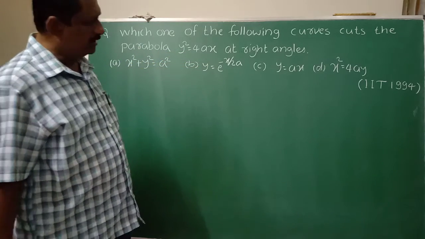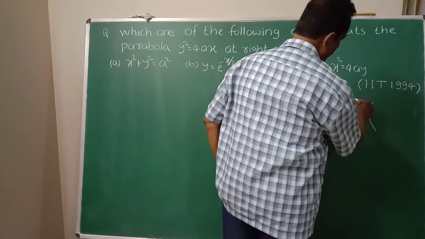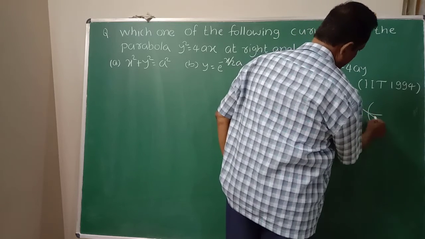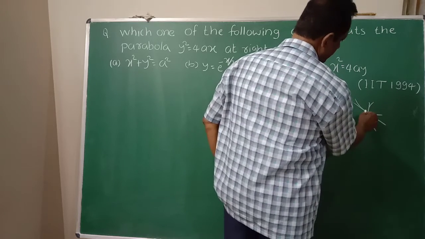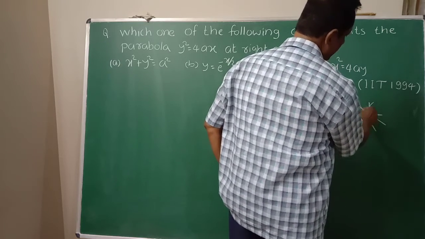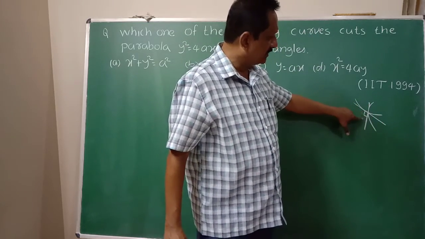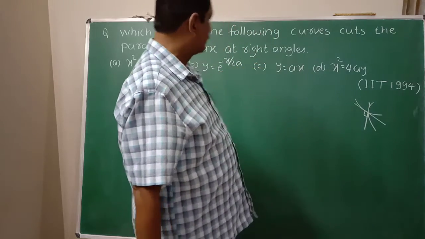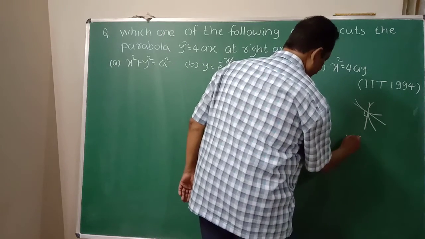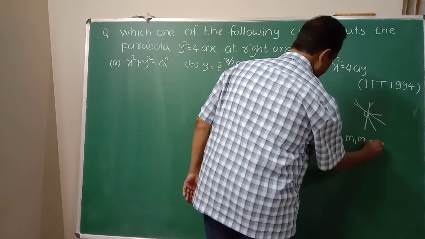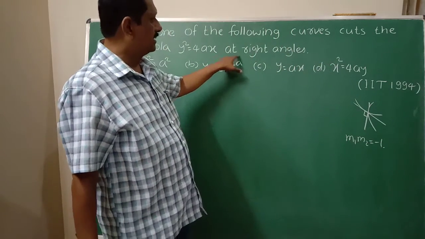So you know that two curves cut each other at right angles means the angle between the tangents at the point of intersection must be 90 degrees. Therefore, if the condition m1 into m2 is equal to minus 1 holds, then we say that two curves cut each other at right angles.